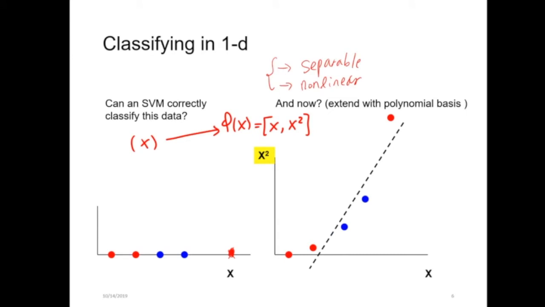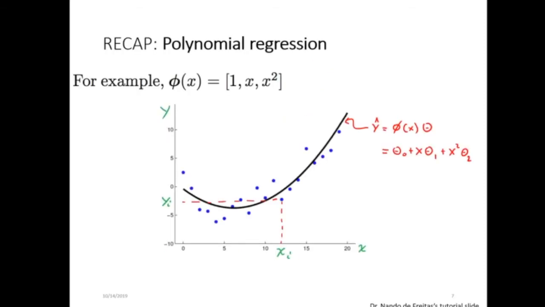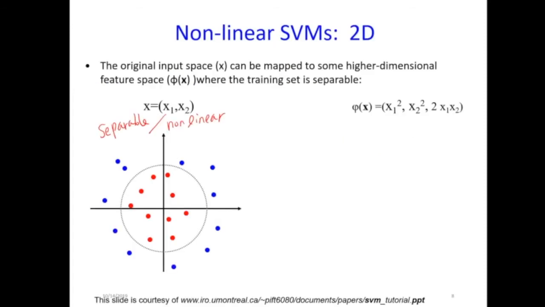We can totally separate the two classes using what is equivalent to a nonlinear line in the original space, but actually a linear line in the phi x space. This is almost the same trick we had before: extend linear regression into polynomial regression just by extending x into phi x.